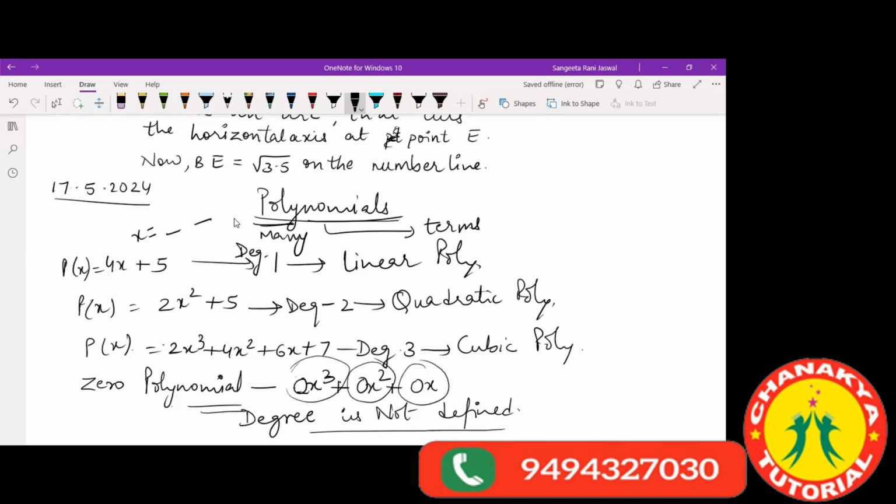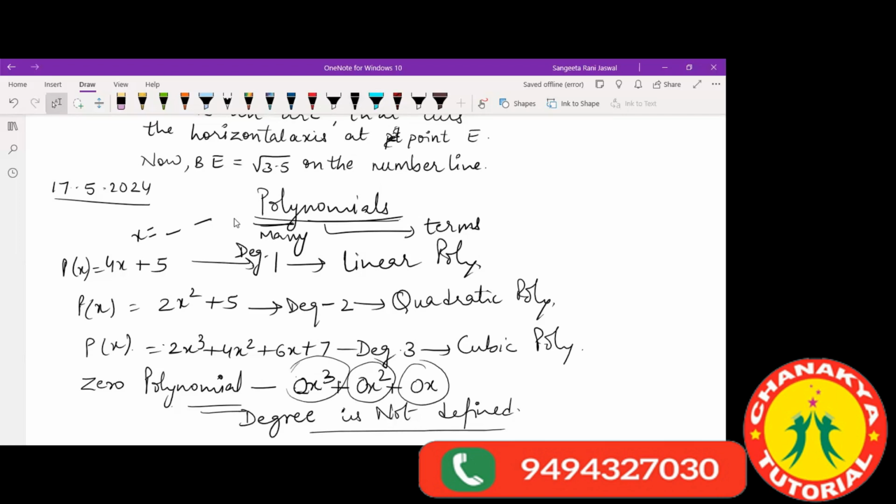So there is no point of having a highest degree also. Understanding this? Great. Normally these questions are asked in your objective questions. Have you understood what is zero polynomial now?